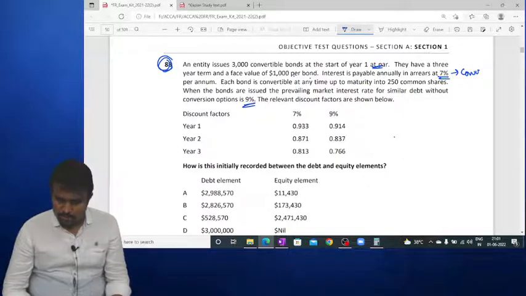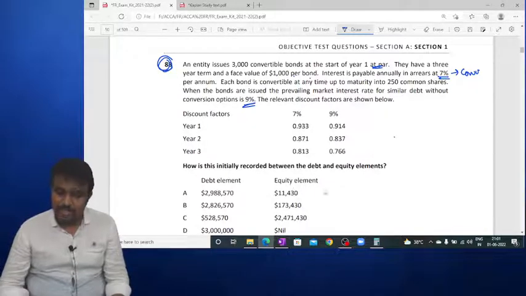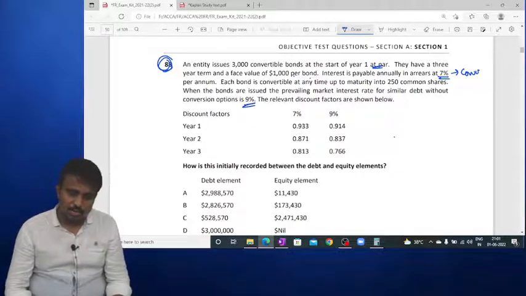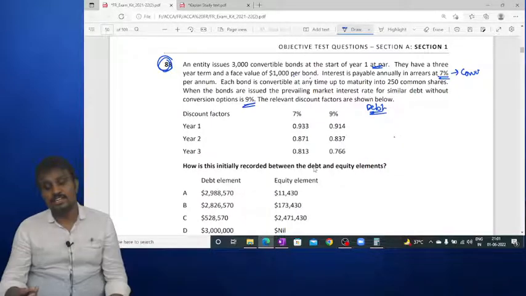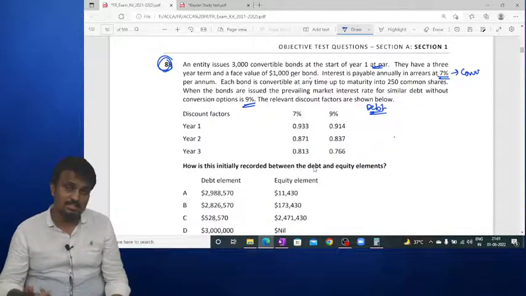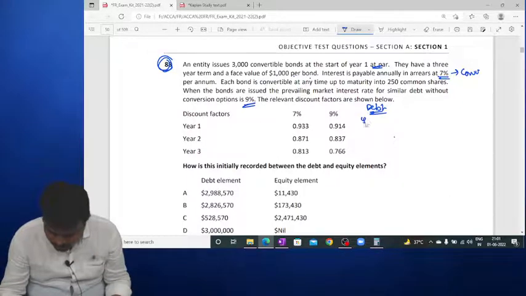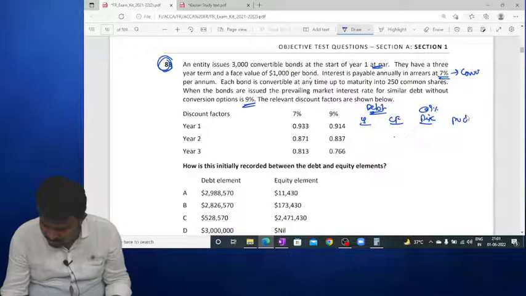So first, how to divide into debt and equity? First, we need to calculate the element of the debt. It is calculated using the present value factor, with cash flows and discount rate at 9%. Total 3 years.